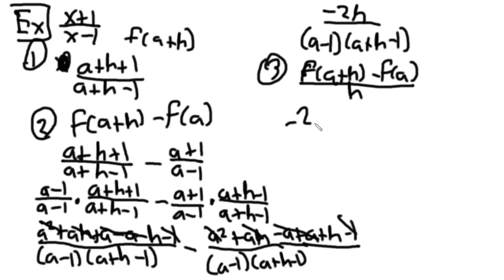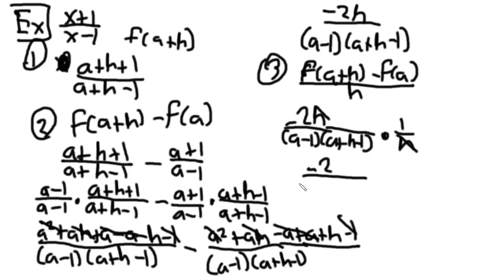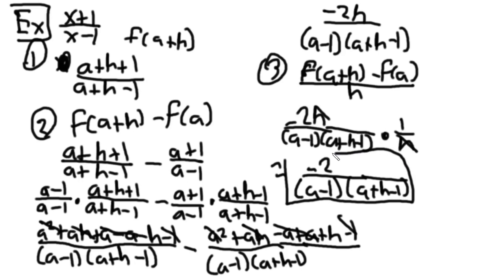So I can say negative 2h over a minus 1, a plus h minus 1, times 1 over h, and see my h's will cancel, and I'm left with negative 2 over a minus 1, a plus h minus 1. And of course you could FOIL that out on the bottom, but for the sake of time I'm not going to in this video. Okay, so there's your difference quotient.